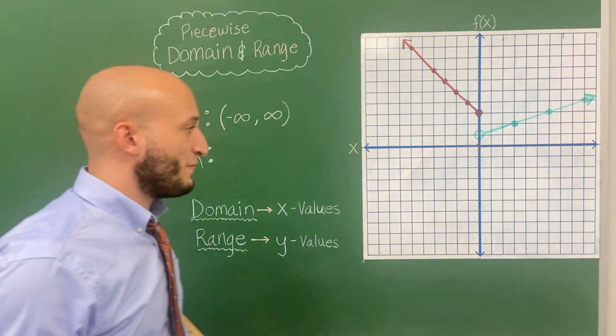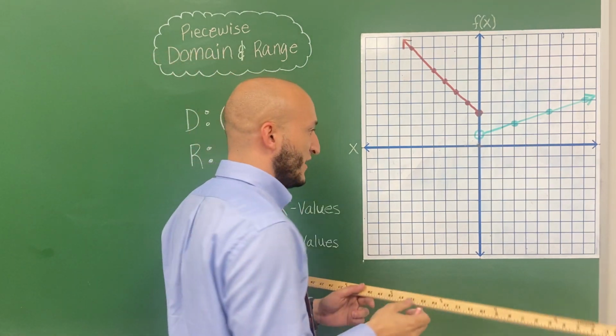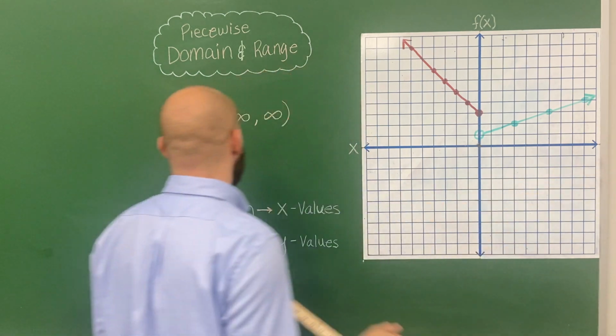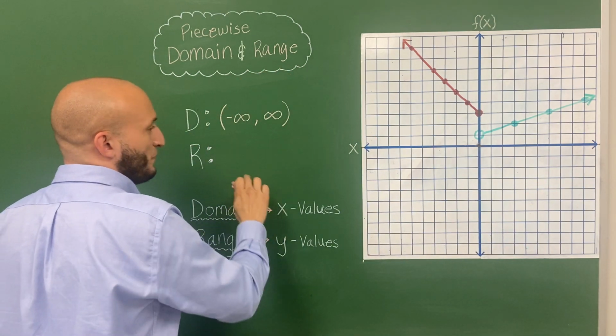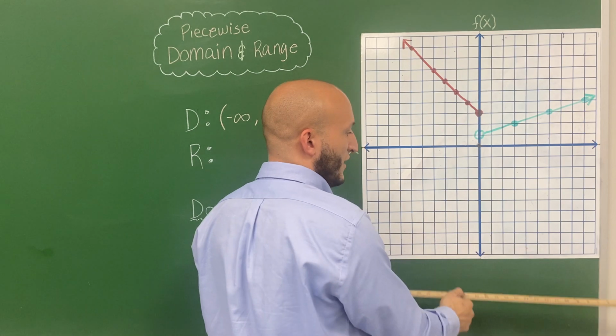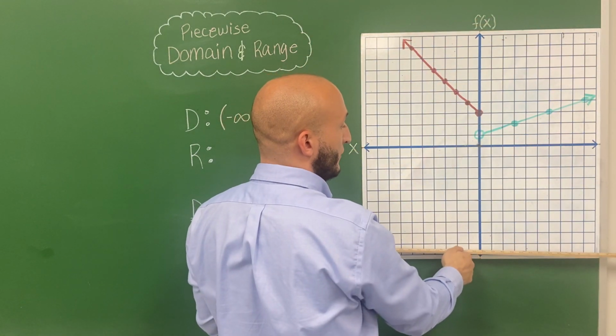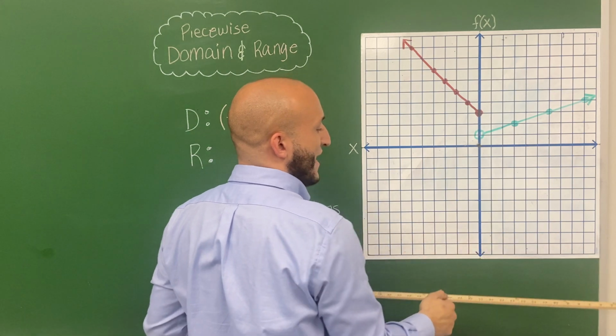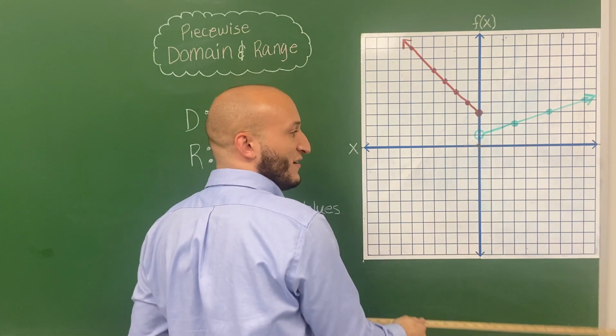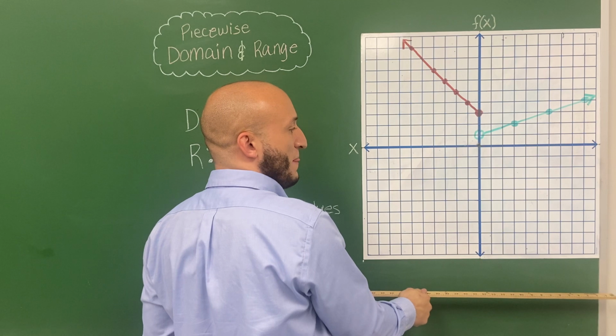For the range, that's where things kind of change. I'm gonna start from least to greatest. So I'm gonna start with my negatives and then move up for my range, for my y values. Now, at negative infinity, way down here, I don't see anything.